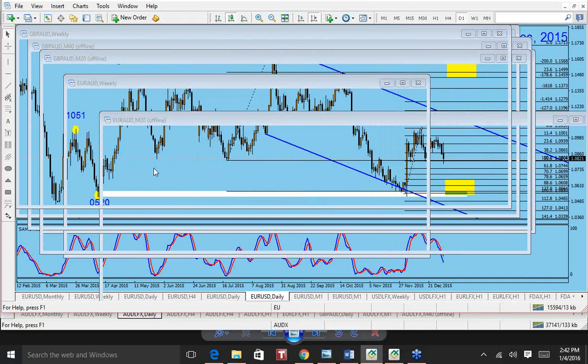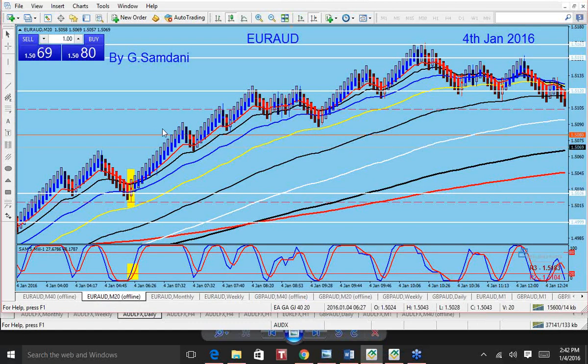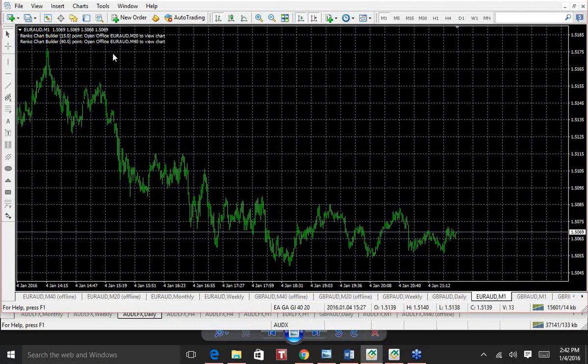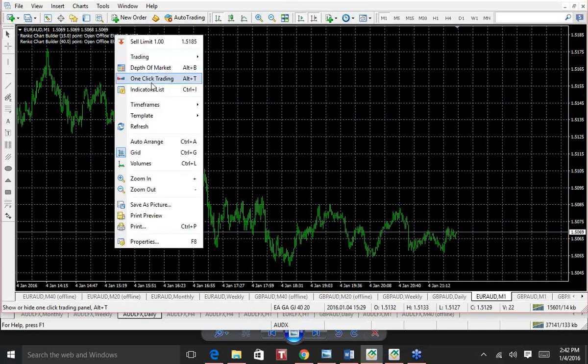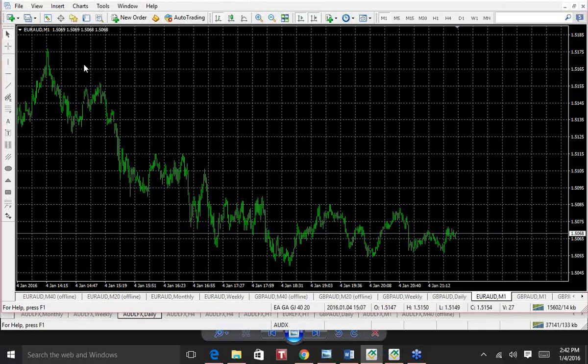So as soon as I go there, if this chart opens up and I go on a 1 minute chart immediately, I'll open this indicator and just post it again. I'll get the messages again.